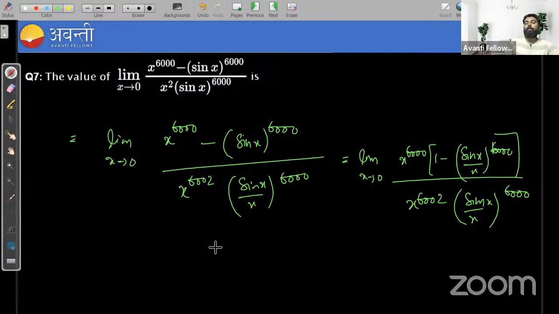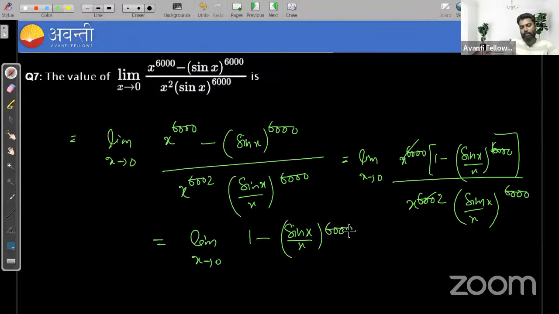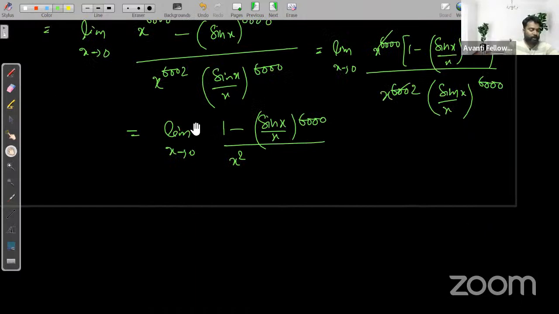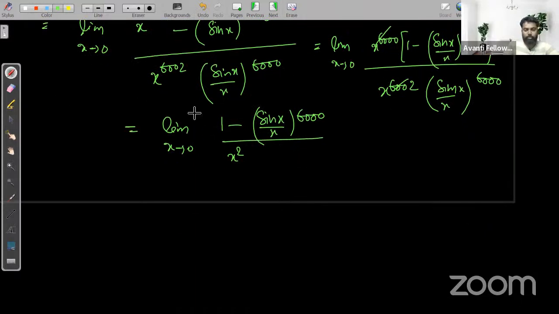Okay, so this will cancel out with this. So finally we have the limit as x tends to 0 of 1 minus (sin x / x)^6000 divided by x^2 into (sin x / x)^6000, right?